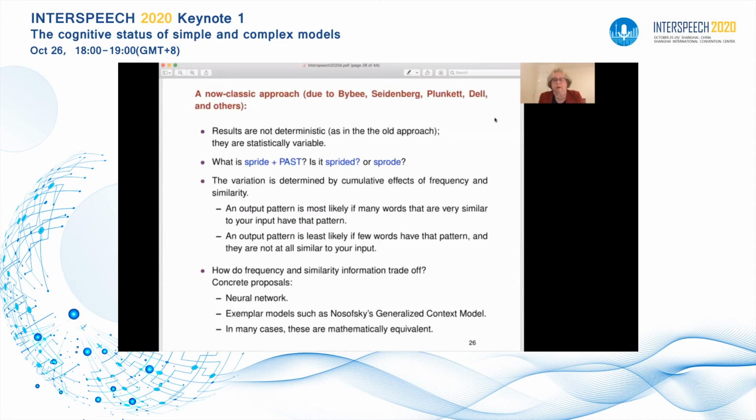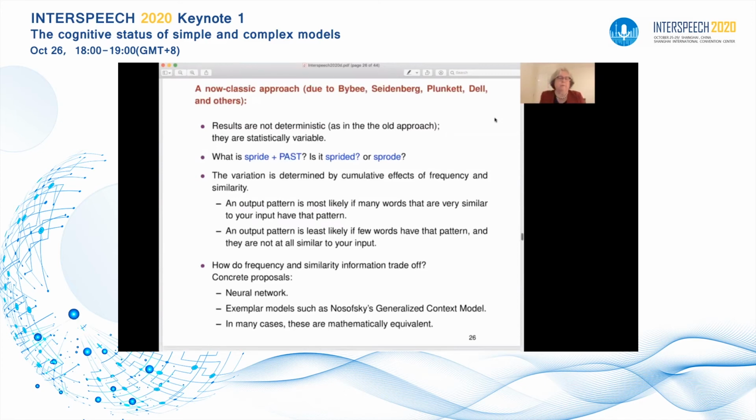And very concrete predictive models were built. One class of models used neural networks. One class of models used exemplar models, such as Nosofsky's generalized context model. And in many cases, with very moderate assumptions, these are actually mathematically equivalent.